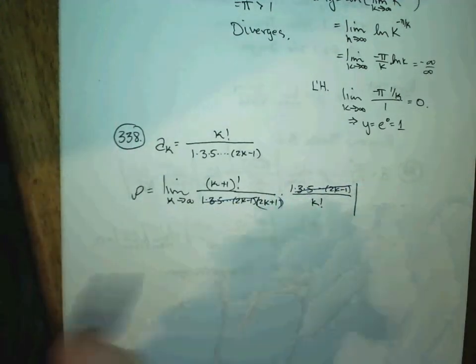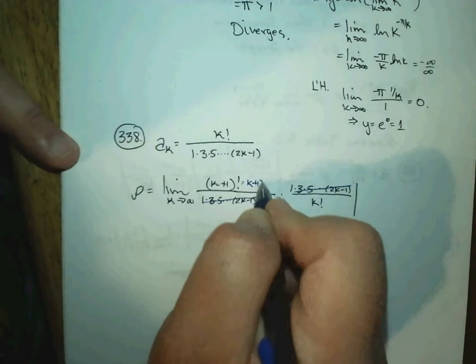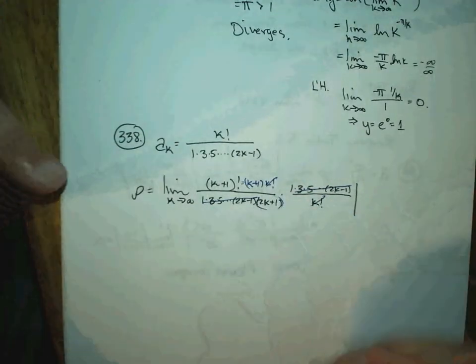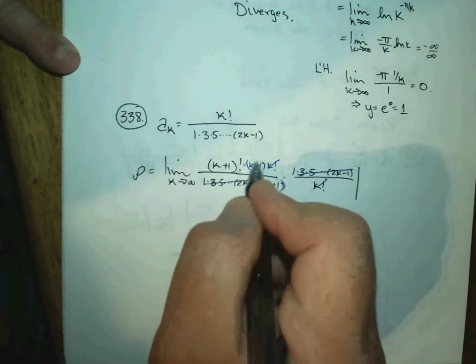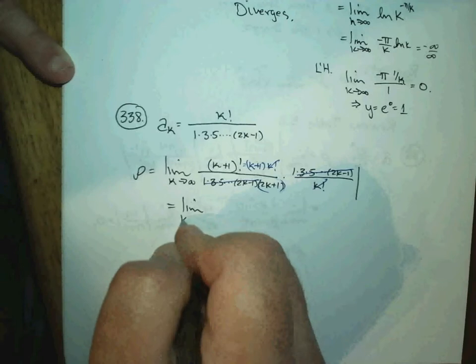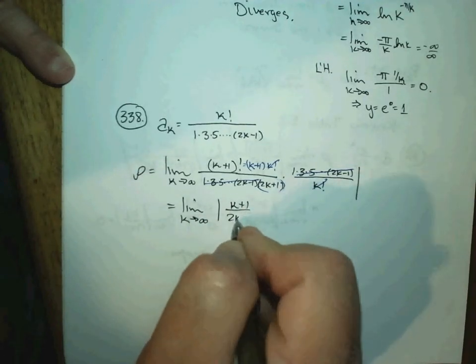Well, one simplification that's obvious is all of this goes away, just leaving the 2k plus 1. And this k plus 1 factorial, well, that's really k plus 1 times k factorial, isn't it? So those cancel. You can very quickly see the cancellations. And so all I'm left with is k plus 1 over 2k plus 1.